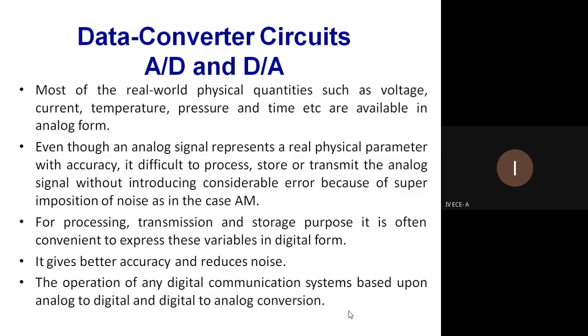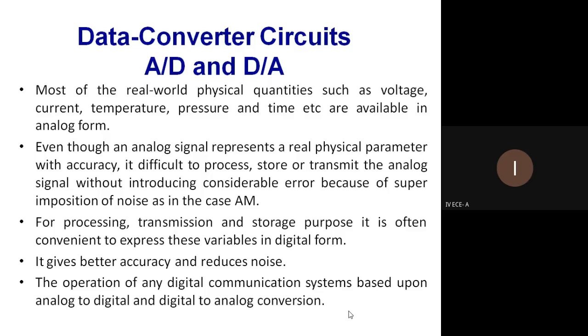In our regular life, most real-world physical quantities such as voltage, current, temperature, pressure, time, speed, and velocity that we measure are available in analog form.